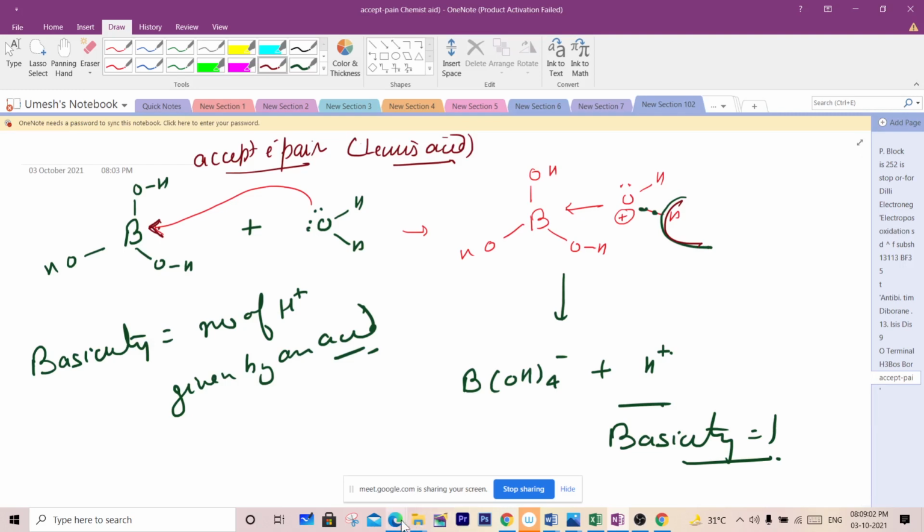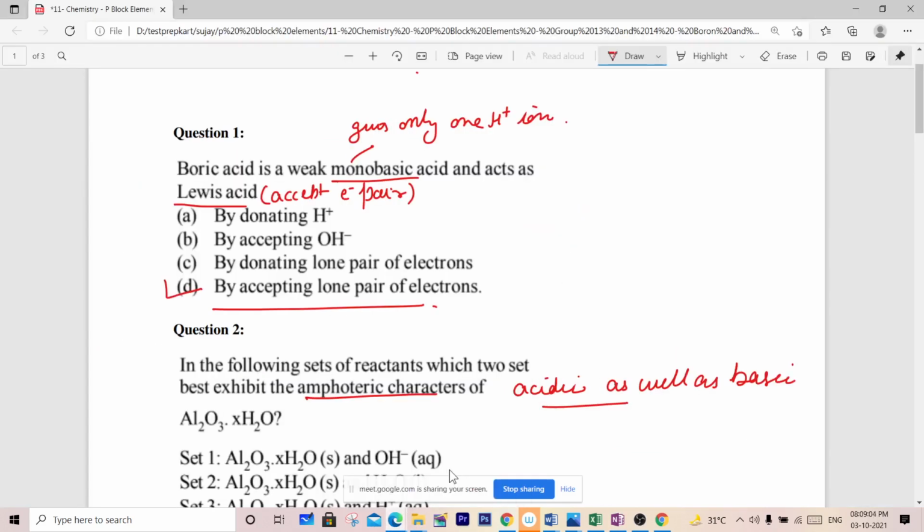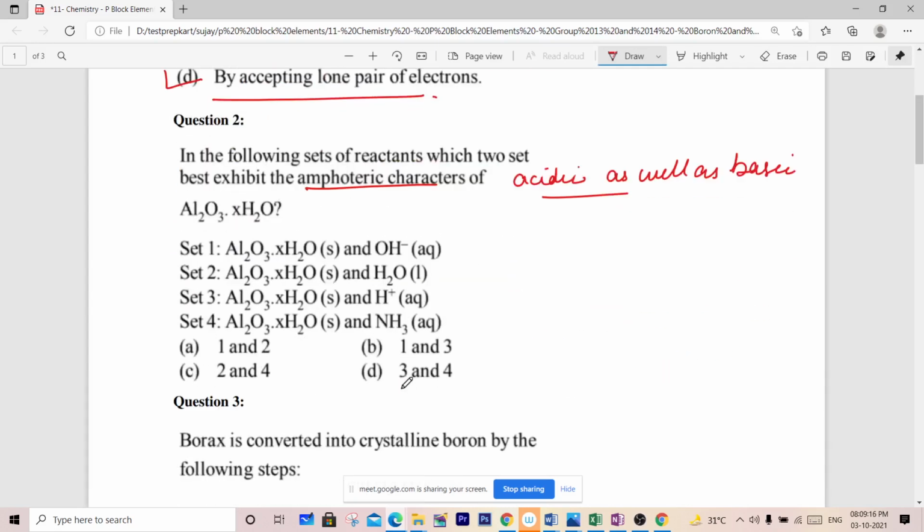So if we come to this, amphoteric means acidic as well as basic. The question is, which of the following sets shows both of these? See that set 1 shows it is giving OH ions, meaning basic. Set 3 shows it is acidic in nature.